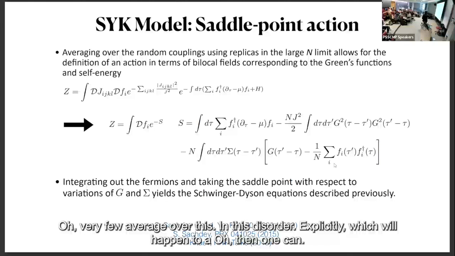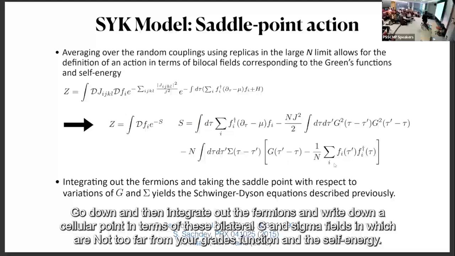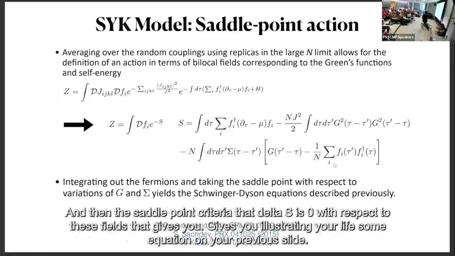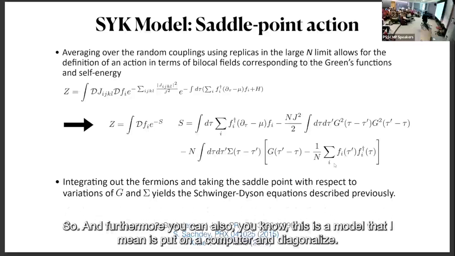Then one can integrate out the fermions and write down a saddle point in terms of these bilocal G and sigma fields, which are nothing but your fermion Green's function and the self-energy. Then the saddle point criterion that delta S is 0 with respect to these fields gives you the Schwinger-Dyson equation on the previous slide.